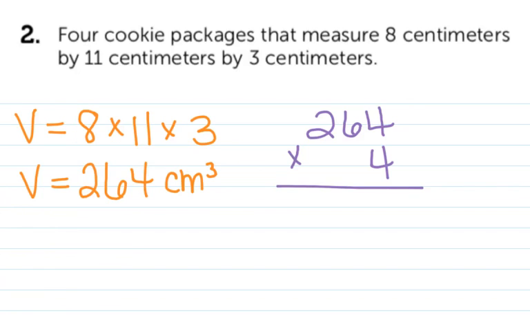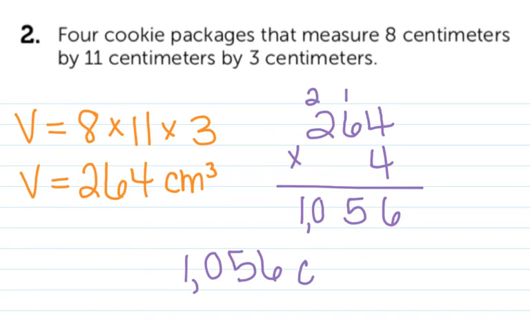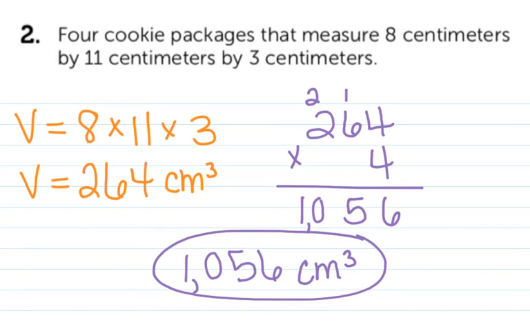So 4 times 4 is 16. Carry the 1. 4 times 6 is 24, plus 1 is 25. Carry the 2. And 4 times 2 is 8, plus 2 is 10. So I get a total volume of 1,056 centimeters cubed, or cubic centimeters.